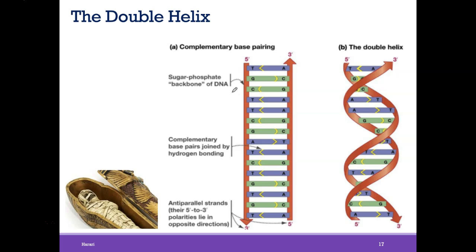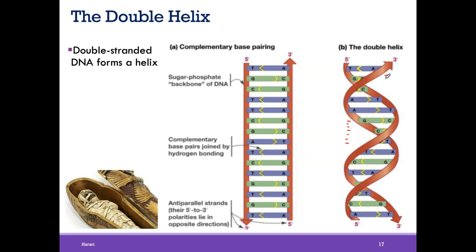So just to review, we said DNA has a sugar-phosphate backbone. Complementary base pairs in the middle are joined by hydrogen bonds. Anti-parallel strands means that one goes 5 to 3, the other goes 5 to 3 upward. And when it's twisted, it forms this double helix. So this twisted form is actually because of hydrogen bonds between the backbone.